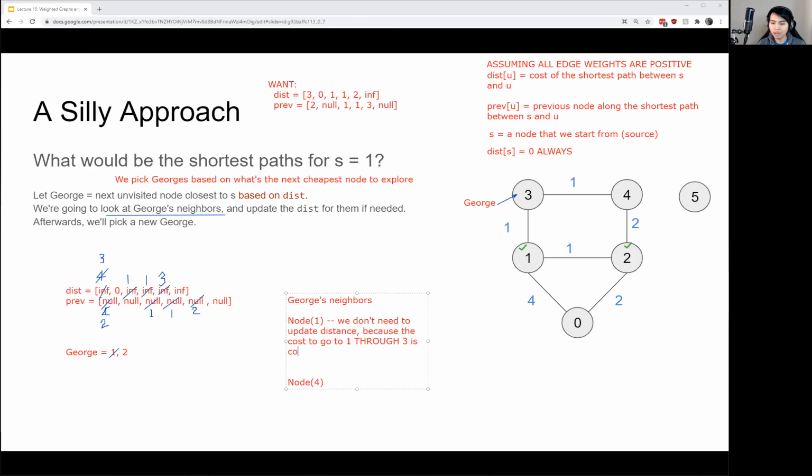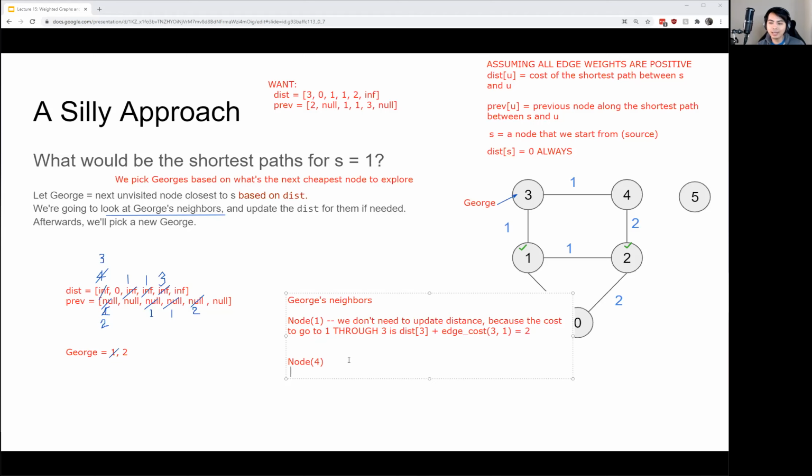The distance of 3 plus the edge cost of 3 and 1. And if that's the case, then the cost to get from 1 to 3 and then 3 to 1 is going to be equal to 2, right? And that's always going to be more expensive than the initial cost that we have, where the cost to get from 1 to itself is 0.